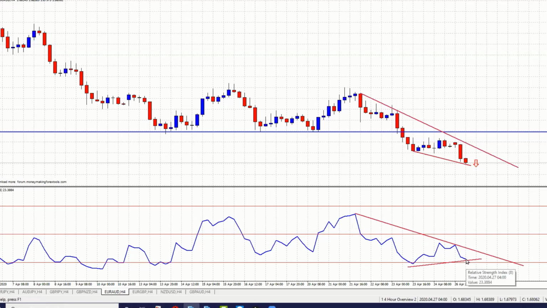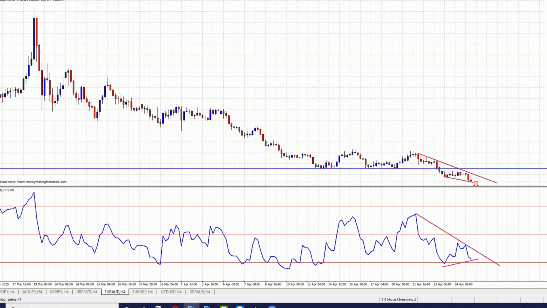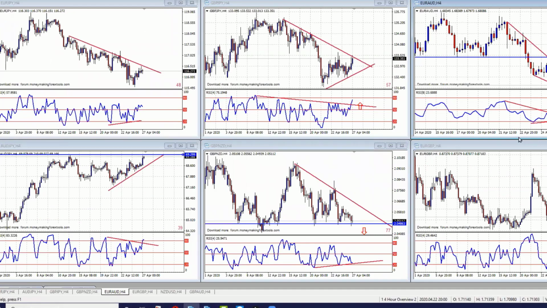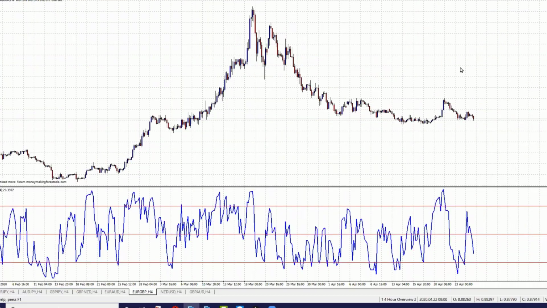If it suddenly bounces up and violates it, then it becomes a buy signal because of that divergence that's there. So let's just leave that for the market to tell us how that one turns out. But I think you're getting an idea of using trend lines and momentum indicators and that kind of thing to get a feel of what's going on in the market.